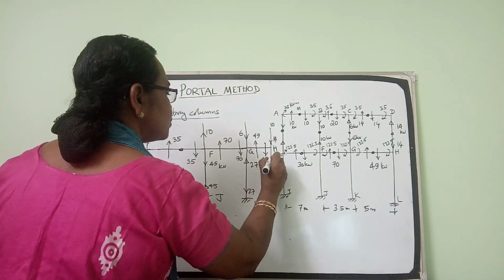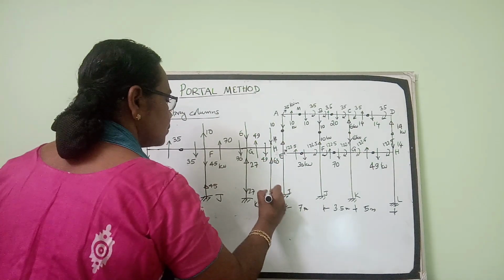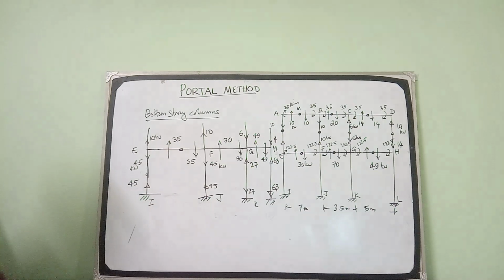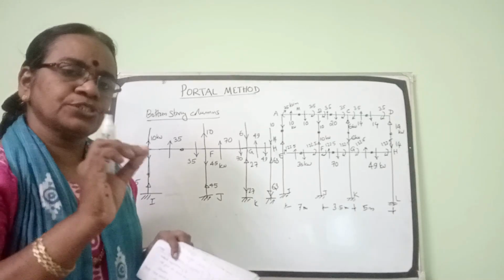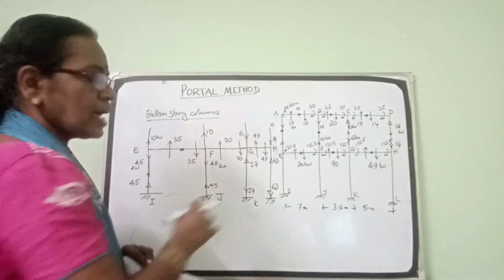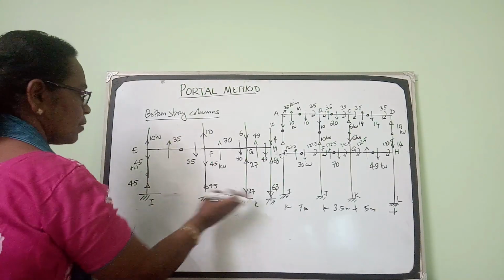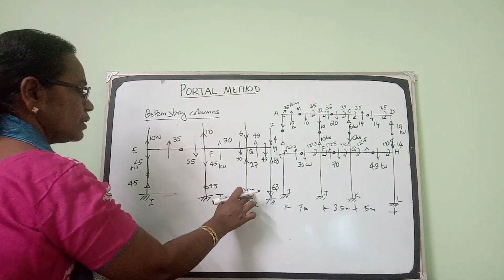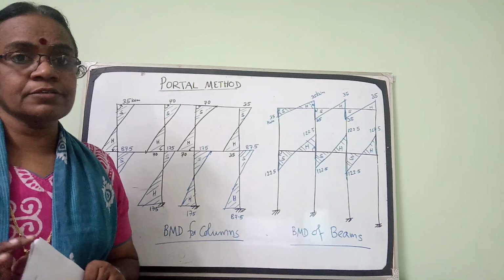So this column force should be equal to 63 kilonewton upwards. So this is 63 downward. So simply by considering sigma V equal to 0 at each joint, we can get the axial forces in columns. So we have got the axial force in the bottom columns as 45, 45, 27, 63. Okay, so we have completely done the analysis.